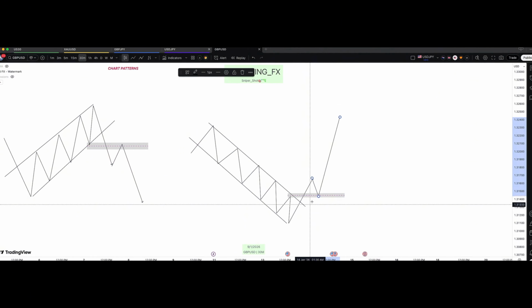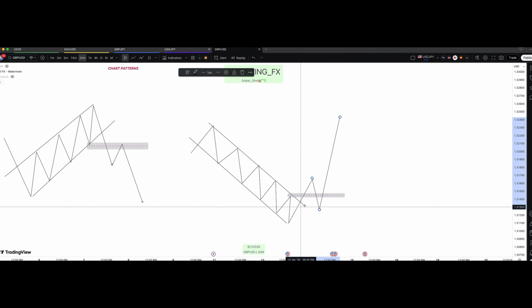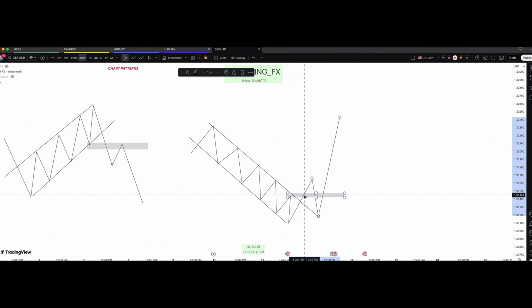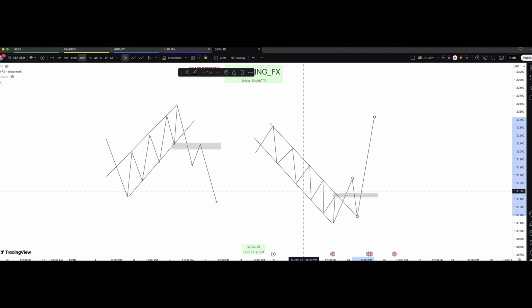Like I said earlier, price can come low to retest the trend line before it goes to the upside. So now you know the two types of retest. As we continue, I'll make a full video on retest. There are about 5 types of retest, so you'll get to know all the types of retest.